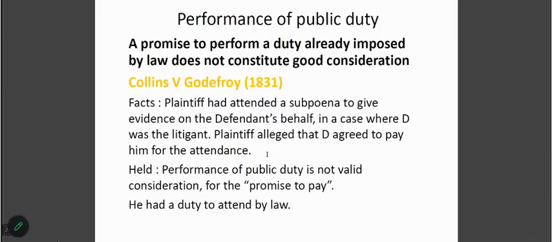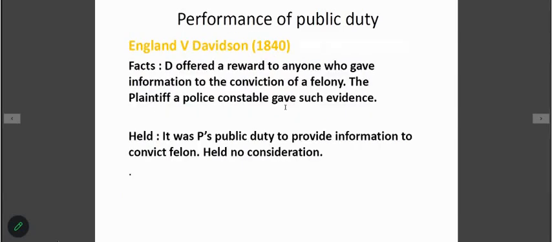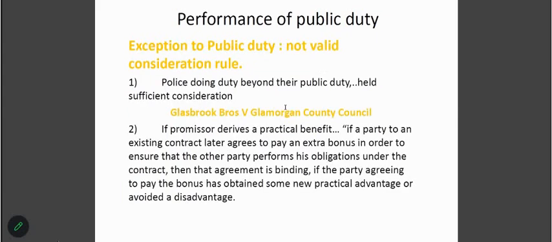Public duty, as you know, a promise to perform a duty already imposed by the law does not constitute good consideration, as it is practiced the same way everywhere. I don't want to talk about this. Government, we follow the government rules and contract. You cannot run away.